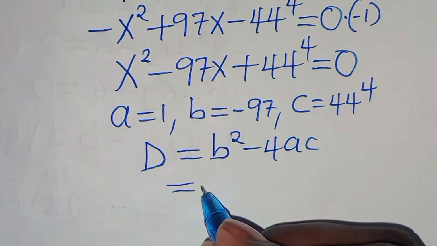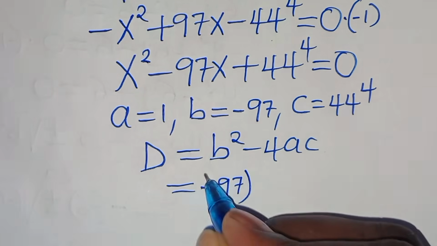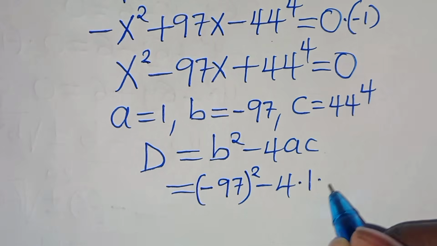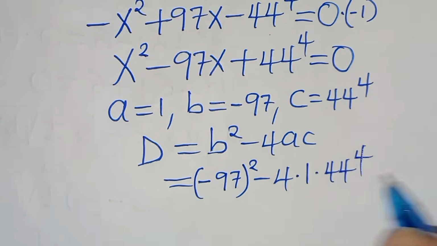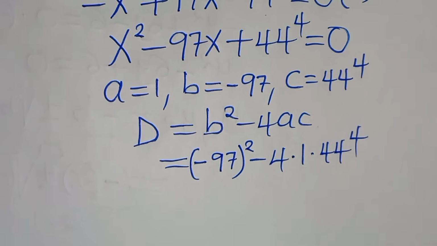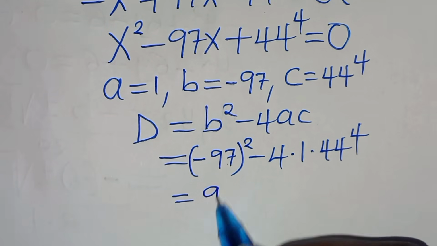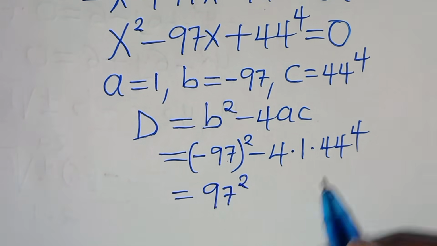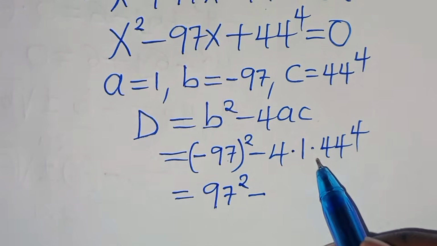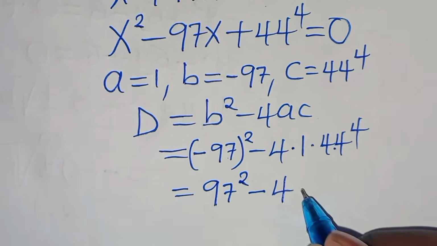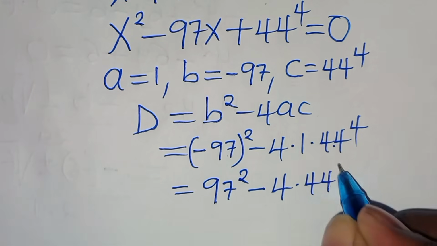We have negative 97 raised to the power of 2 minus 4 times a, which is 1, times c, which is 44 raised to the power of 4. Negative 97 to the power of 2 is the same thing as 97 raised to the power of 2, subtract 4 times 1 times 44 to the power of 4.